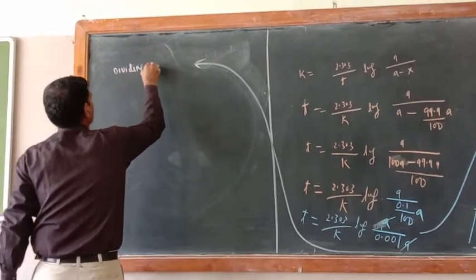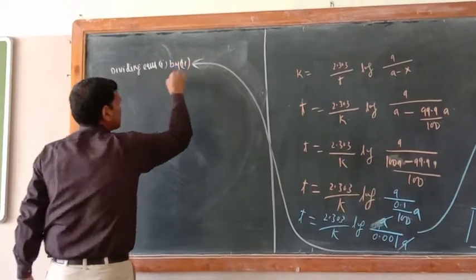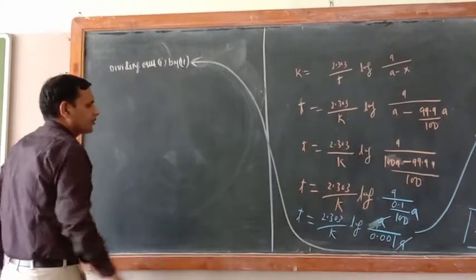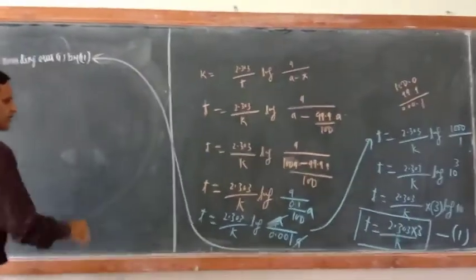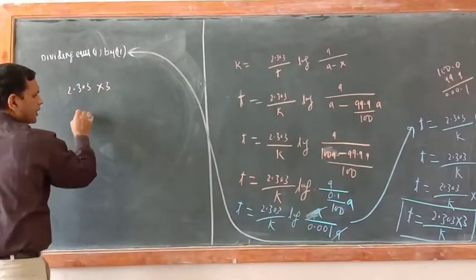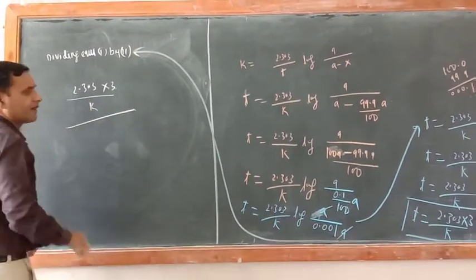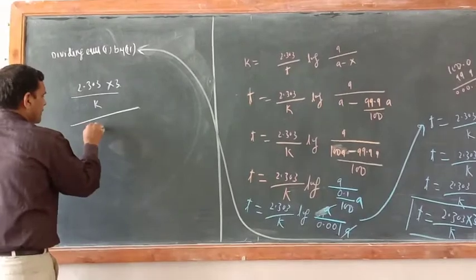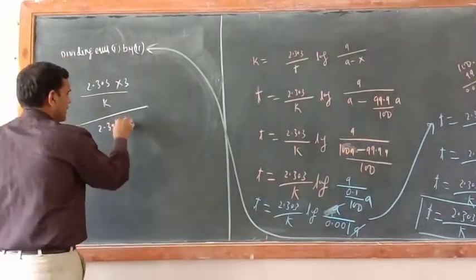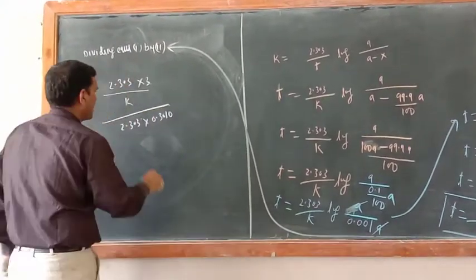Dividing equation first by second. The first equation is 2.303 into 3 divided by k, further divided by 2.303 into 0.3010 divided by k.